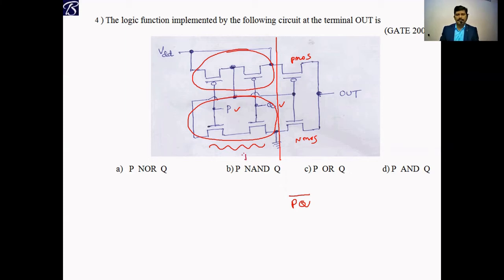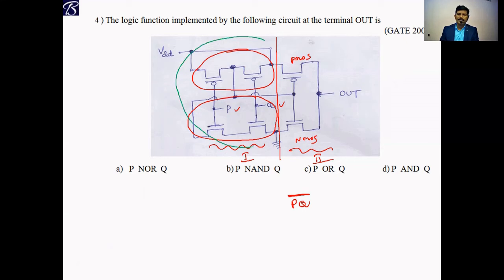And from this PMOS circuit, just take bar. Let us take this first part and this is the second part. In the first part, if you observe these P and Q inputs, these NMOS are both in series, so that's why P into Q. Because of this PMOS region, just take bar. That is the first point.